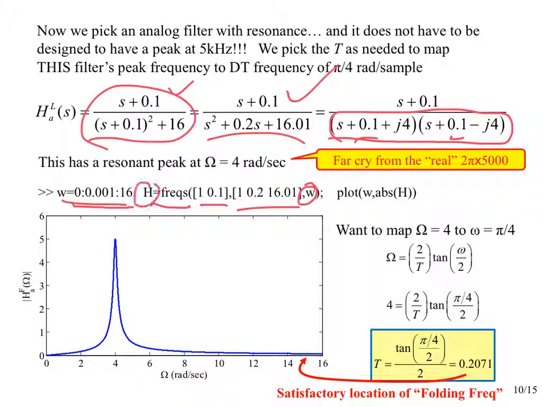I compute H, and then I plot its absolute value, and that's what I have here. And we see that, yes, indeed, we have a resonant peak at 4, which goes up to a height of 5. And I've plotted this all the way out to 16, and we see that it decays down quite a lot by the time we get to 16, which we'll see is good.